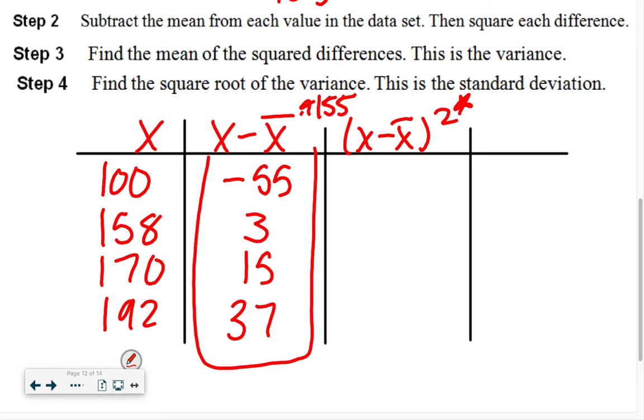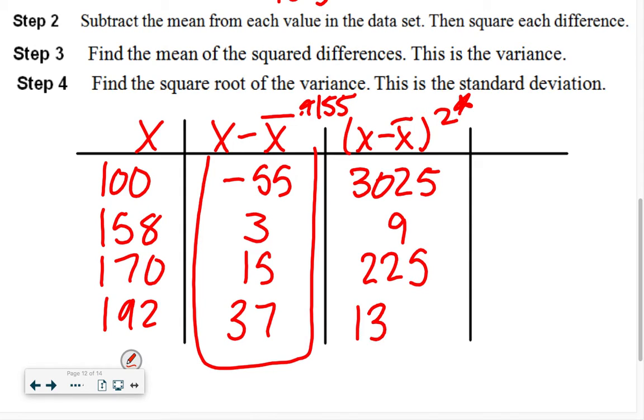So negative 55 squared is a big number: 3,025. 3 squared, 15 squared, 225, and 37 squared, 1,369.